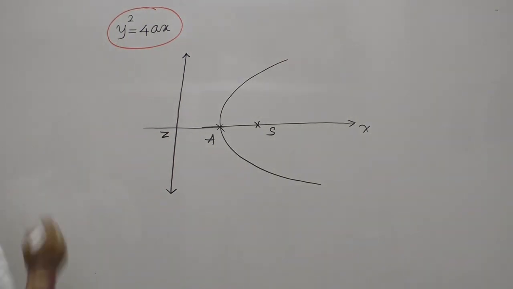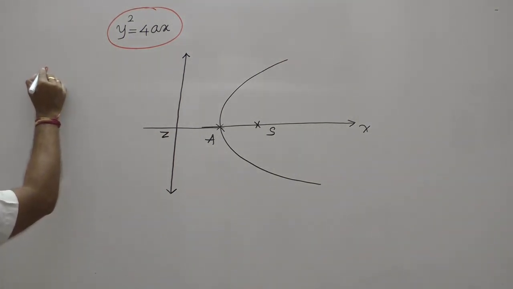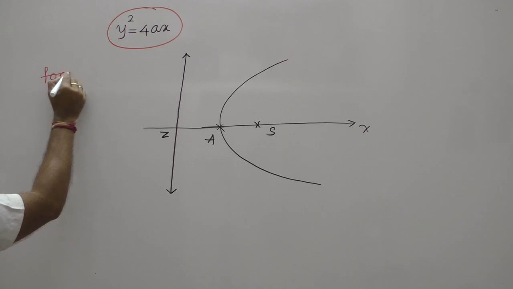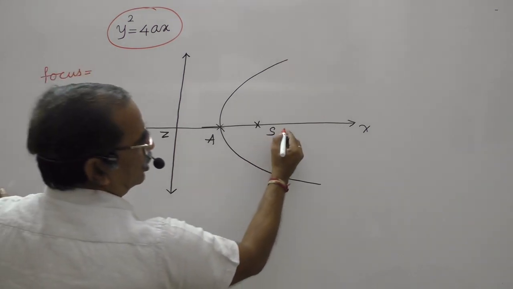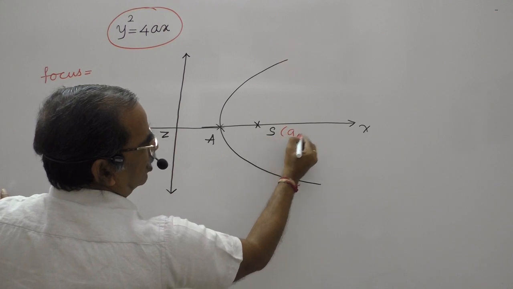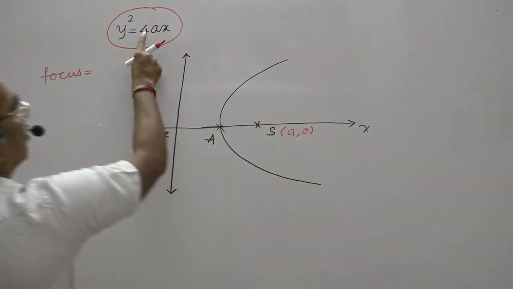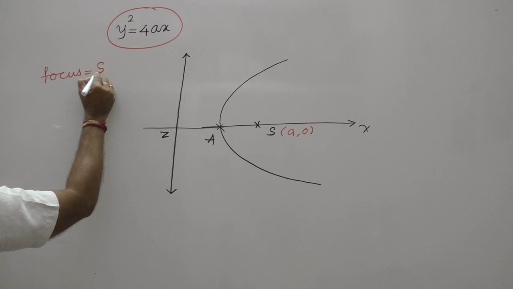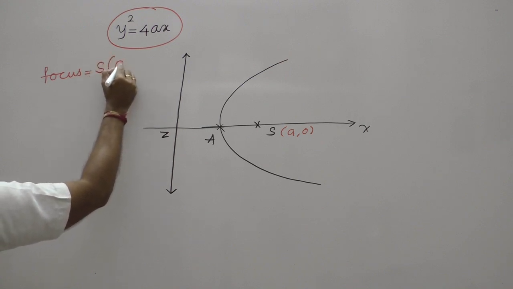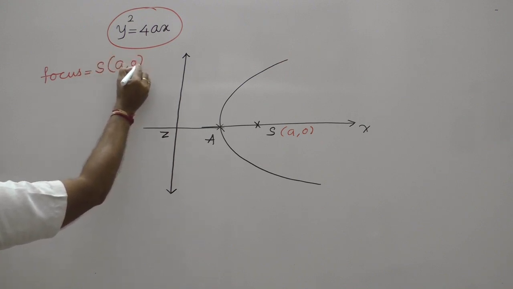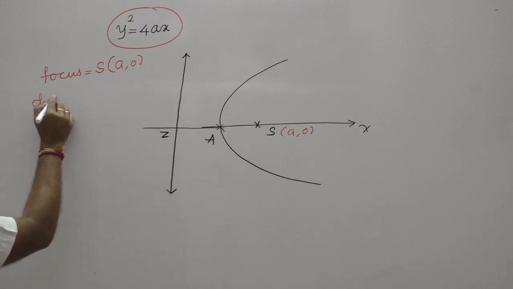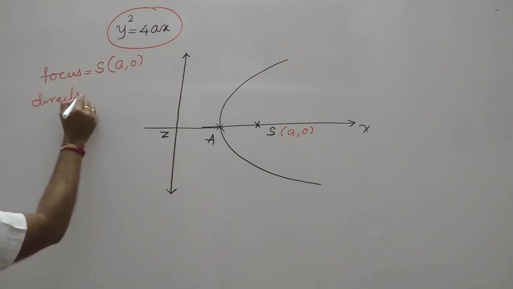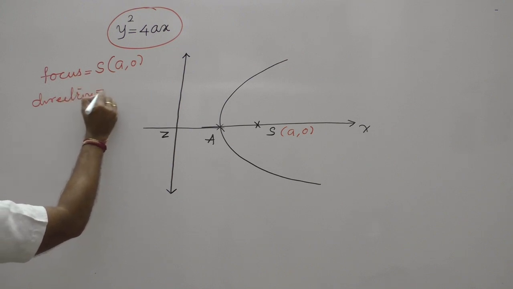For this parabola, see now, what is its focus? This point is the focus, (a, 0). Therefore, for this parabola, the focus is (a, 0). Okay. What is this? Directrix, no? What is its directrix?